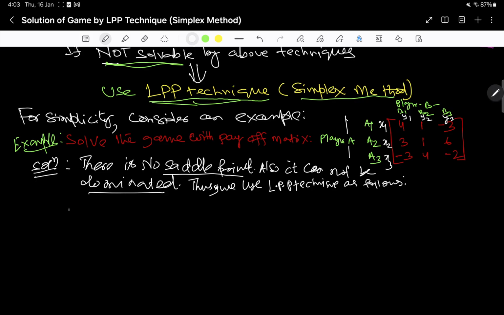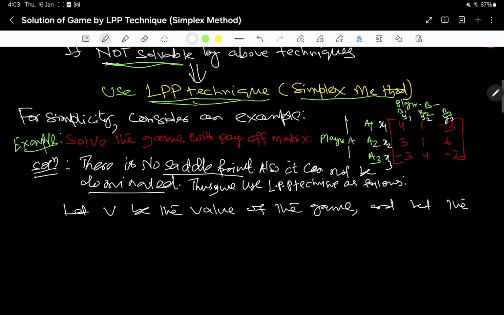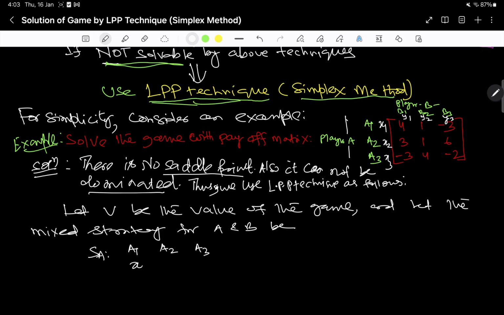Consider, let V be the value of the game, and let the mixed strategies for A and B be: A has strategies A1, A2, A3 with probabilities x1, x2, x3, and B has strategies B1, B2, B3 with probabilities y1, y2, y3, respectively.